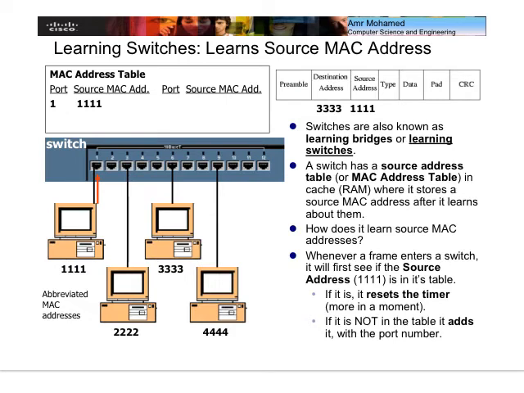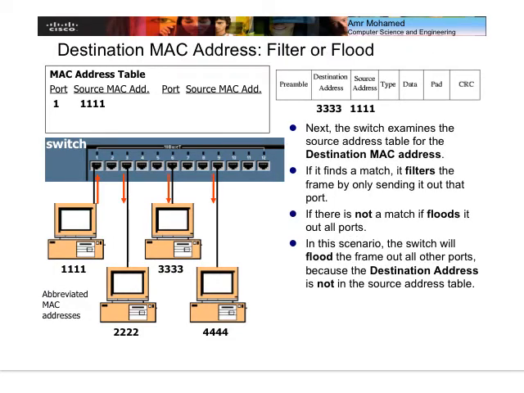It's not there. What do I do? Broadcast. Whenever a frame enters the switch, the source address will be stored, and then I will ask myself, do I have this MAC address in the table? I don't. I will downgrade myself in that case to act as a hub instantaneously.